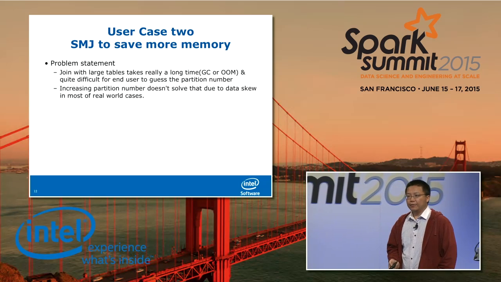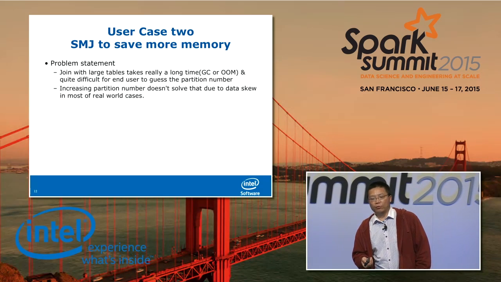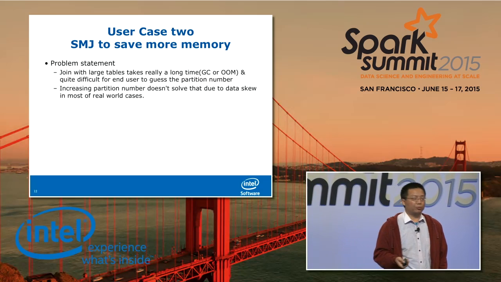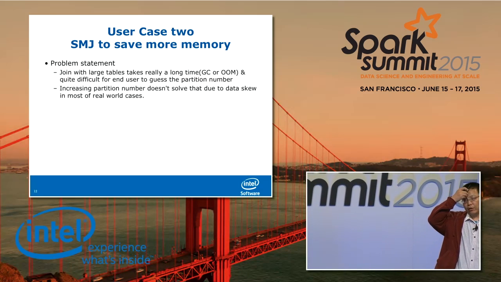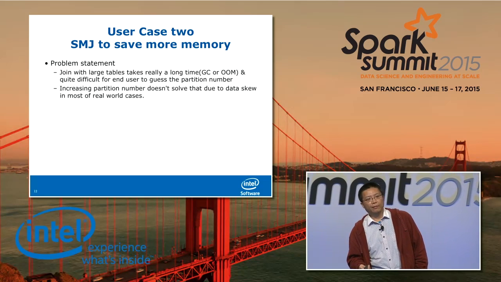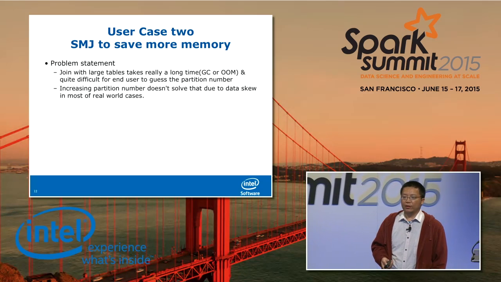Second one, as I mentioned, one thing customers try to avoid is this spill. You can always do a better application design, but in reality that's not easy to happen.